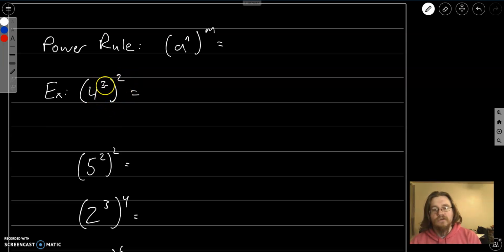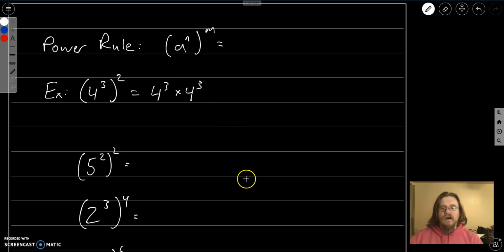So if I take 4 to the third power, and then raise that to the second power, again, we can break this down. Anything squared is it times itself. So this is going to be 4 to the third power times 4 to the third power. But 4 to the third power is just 3 4's being multiplied together, and the other 4 to the third power is another 3 4's being multiplied together.